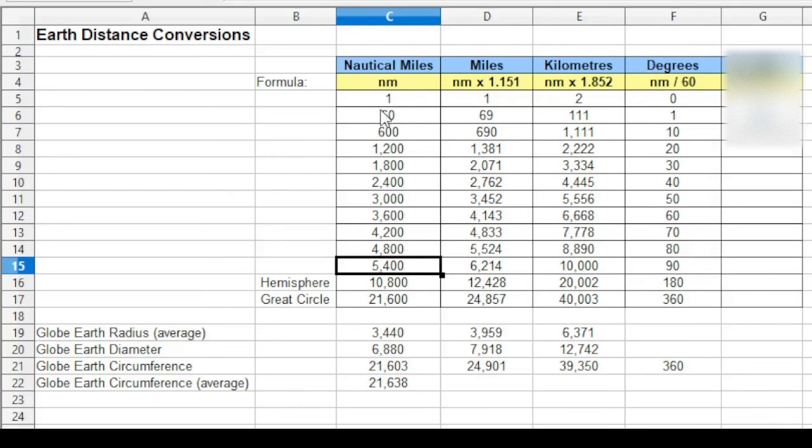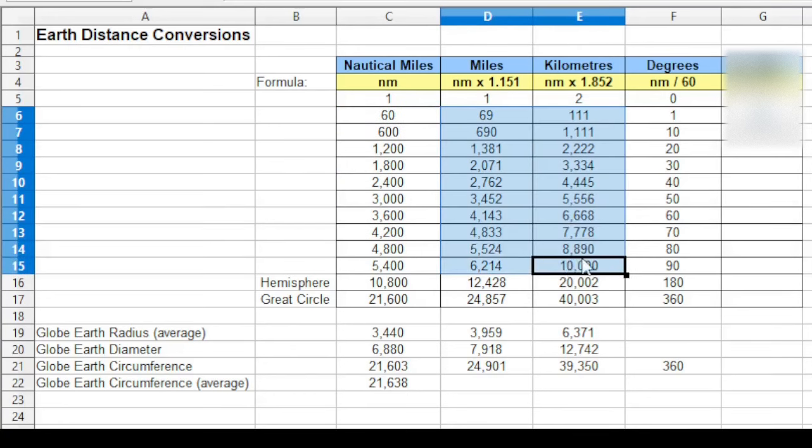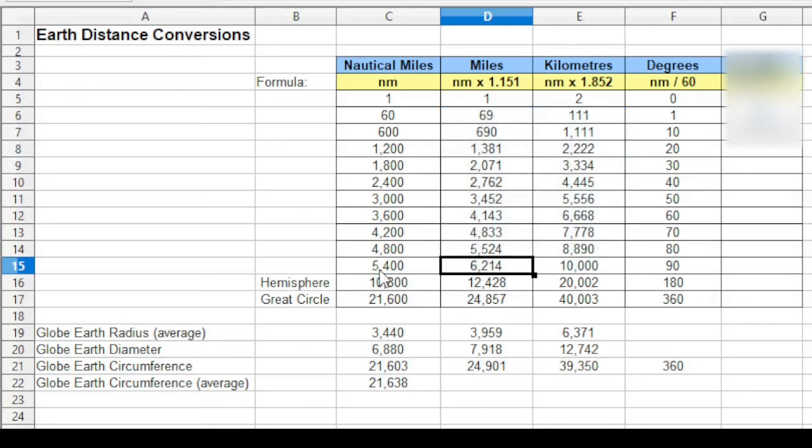So you can see how using nautical miles gives you a very nice round number. Whereas if you're using miles or kilometers, then it's kind of all over the place and the conversion becomes quite difficult. So hence nautical miles being used in navigation, because they very easily convert in roundish numbers to degrees.